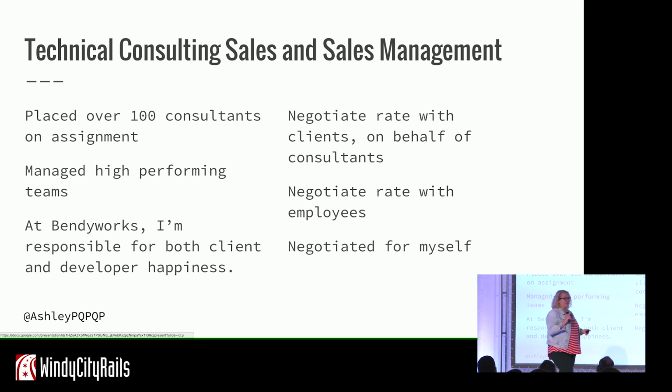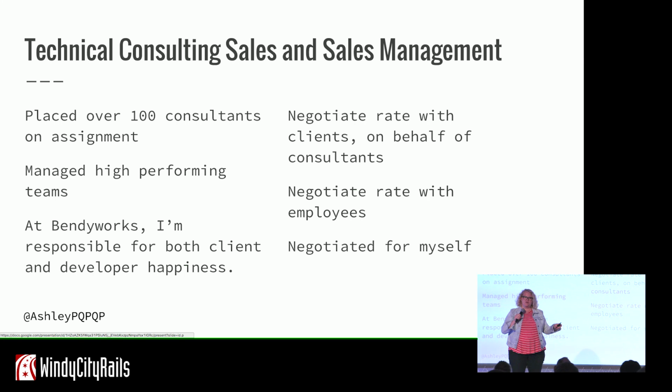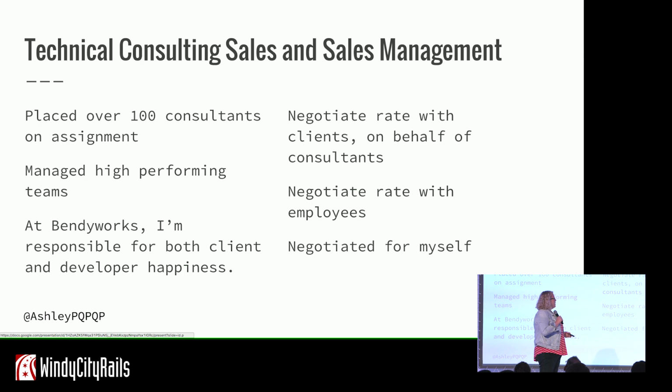So I hope that there's someone where you work who's responsible for making sure that you have really engaging projects that you're really interested in working on. That's me at WindyCityRails. And I negotiate rate with clients on behalf of WindyCityRails. I've negotiated rate with consultants and on behalf of consultants. So with those 100 consultants I've placed, I have a lot of negotiation experience. So I'm going to share that with you.